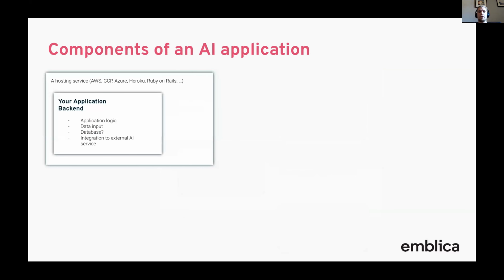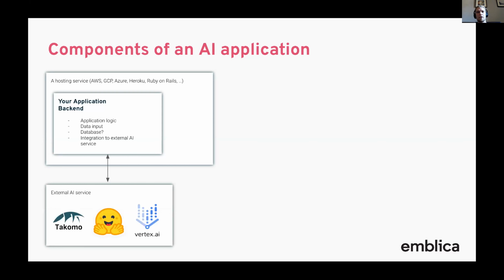Now if we want to build the application, then of course we need to have the app somewhere. There are low code or no code platforms to build your mobile or desktop app, but from the full stack point of view, you probably need some kind of application backend. There's the application logic. You need to process the data and then do these integrations to external AI services. This is just an API call, stuff in, stuff out.